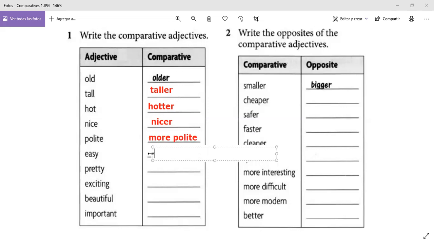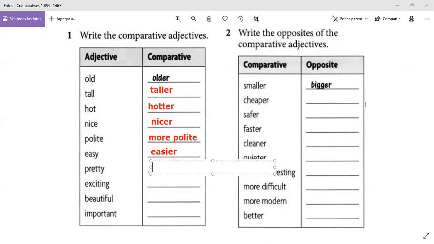What about easy? Easy. Easier. Okay, it is easier. What about pretty? Pretty. More pretty. No. Prettier.